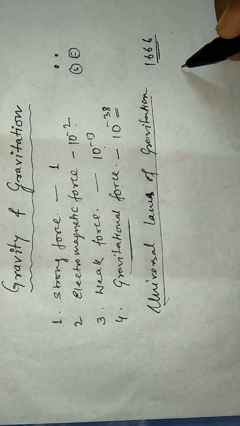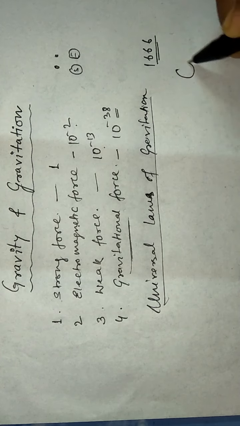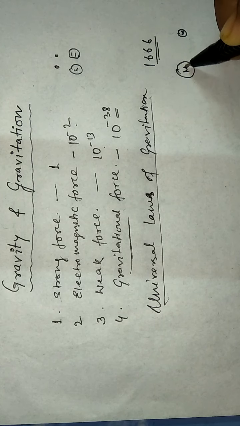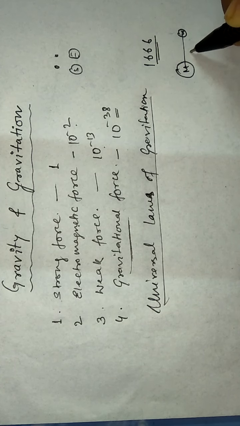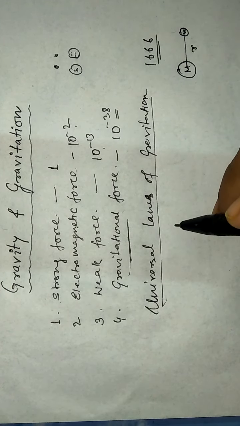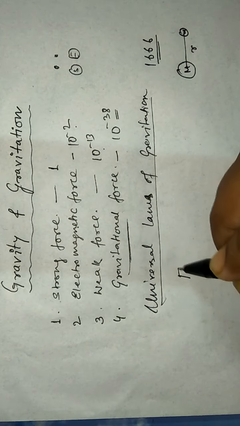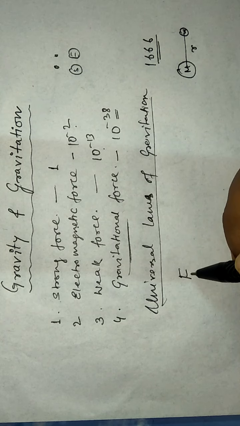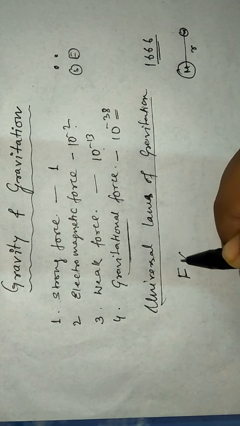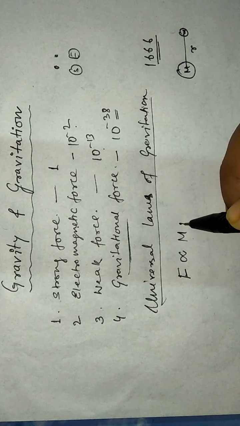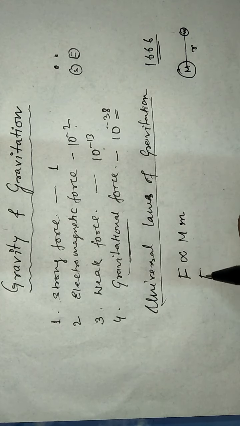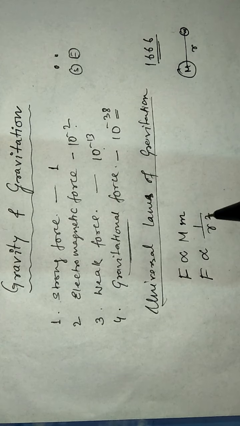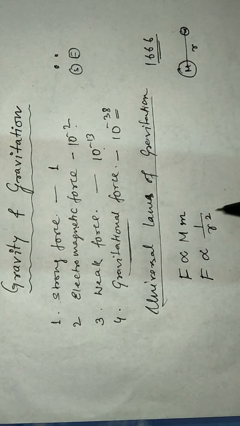Suppose you have two masses, one capital M and one small m, and the distance between them is r. The force of attraction F is proportional to M m, and F is proportional to 1 by r squared.